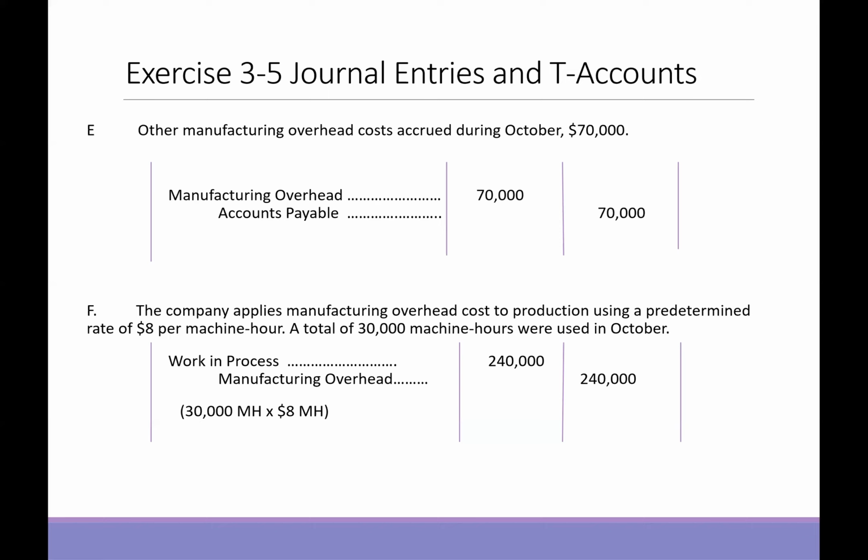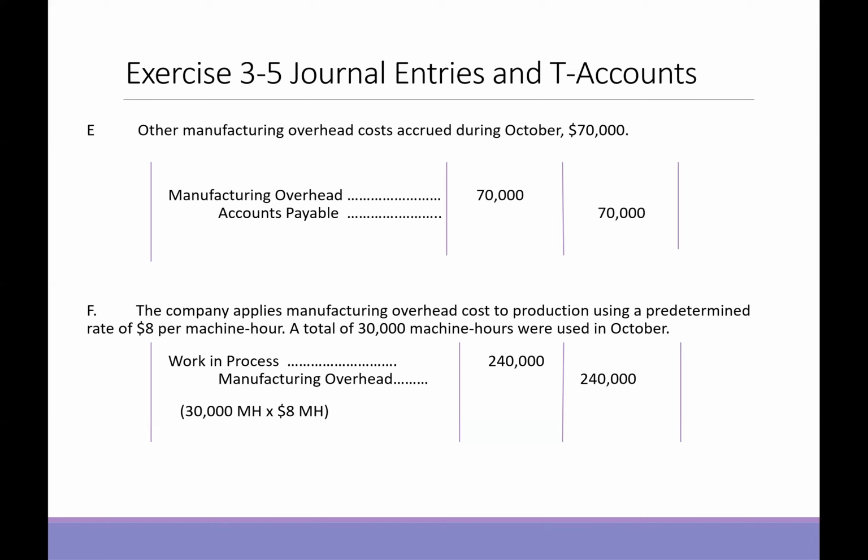F, the company applies manufacturing overhead cost to production using the predetermined rate of $8 per machine hour. 30,000 machine hours were used, so we will debit work in process 30,000 hours times $8 an hour, 240,000.